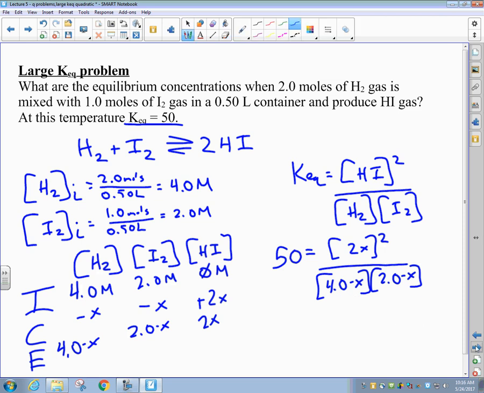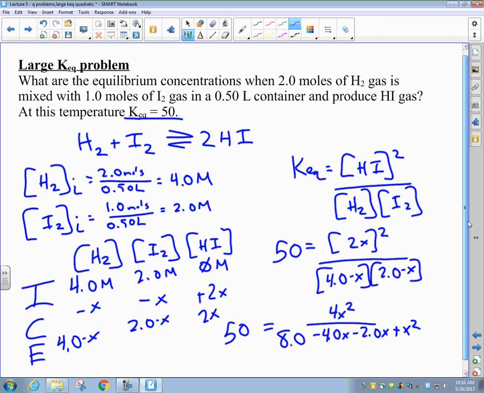First step, I'm going to go ahead and do my FOIL for my denominator: the front, outer, inner, and last. So we're going to end up with 4x squared on the top. Then we have 8.0 minus 4.0x minus 2.0x plus x squared, and that will equal 50.